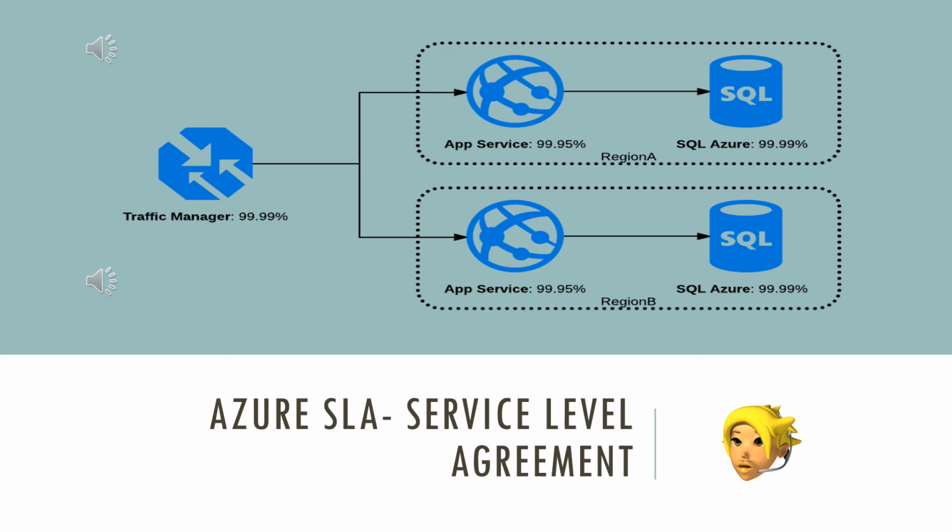You will have your web application, then what will be the SLA on that, what the SQL database will get, and it will be 99.99%. In a particular region A, you have 99.99% with the queue at 99.9%.